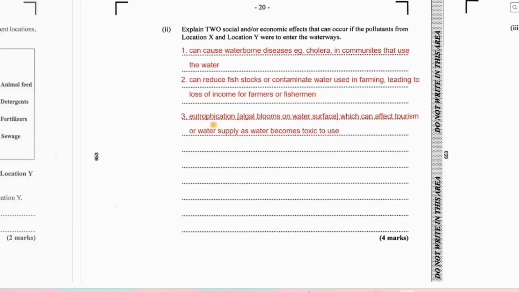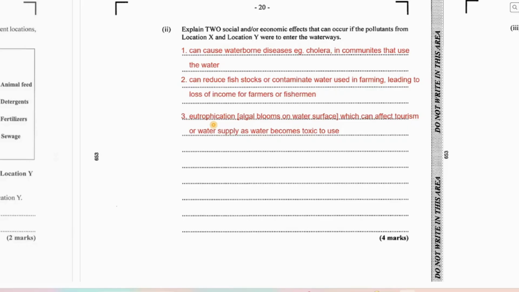So remember, eutrophication is that phenomenon basically where if you've ever seen a pond or some source of water and there's a whole bunch of algal growth or plants growing on the surface of that water, this is what eutrophication is. And it's basically where the microorganisms or the bacteria are able to feed on the high amount of fertilizers or nutrients that is being pumped as waste into the water, and they cover the surface.